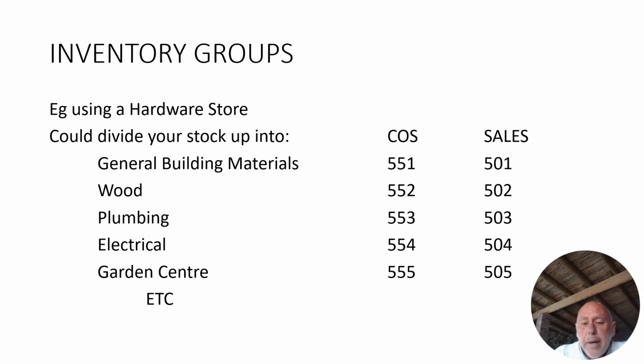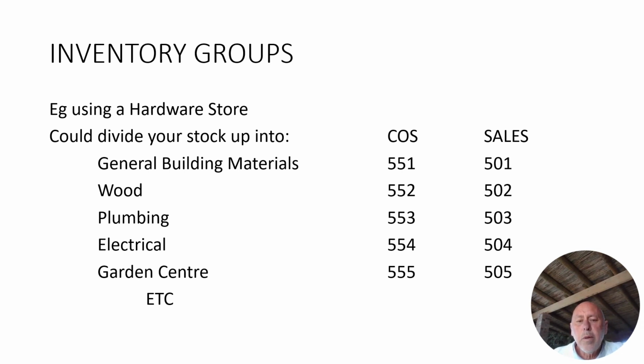So, using a hardware store again, because most people understand how hardware stores work, we could create different sales accounts related to different cost of sales accounts for different divisions of stock.